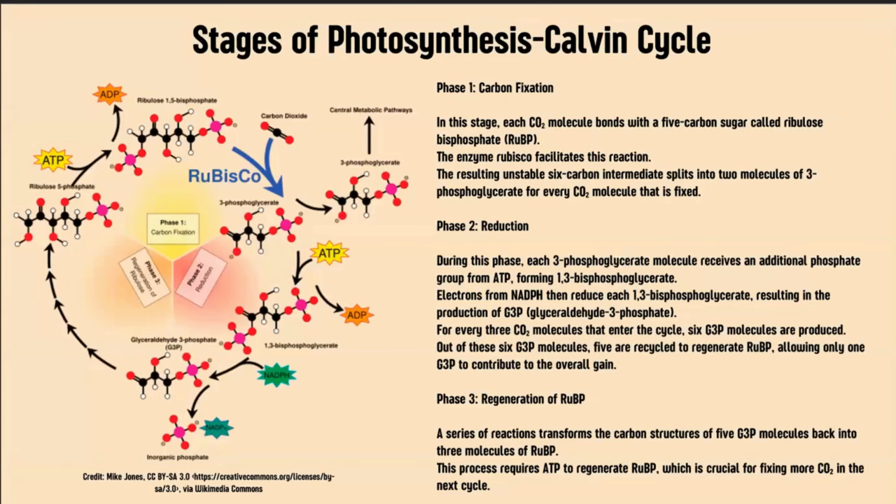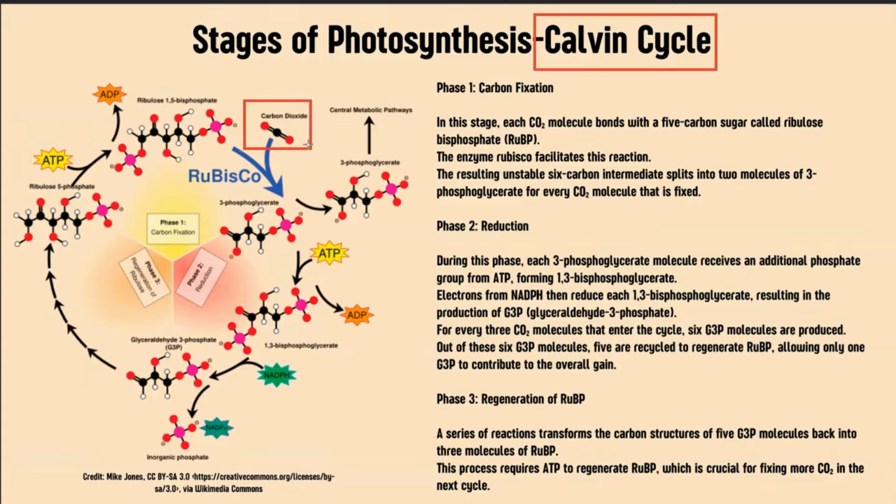Now let's talk about the second stage of photosynthesis, which is also known as the Calvin cycle, also known as the light independent reaction, which means that it does not depend on light in this step. In this first step, you're going to notice that CO2 is the aggressor or the starting process in the Calvin cycle.